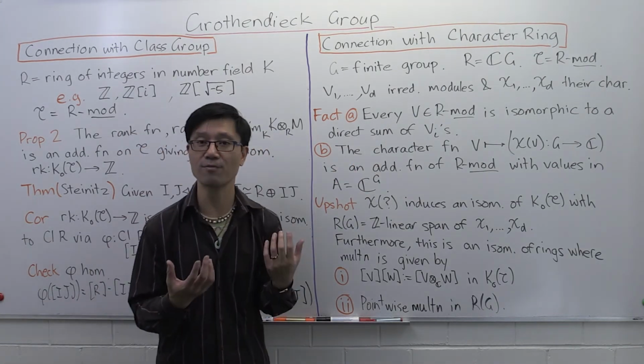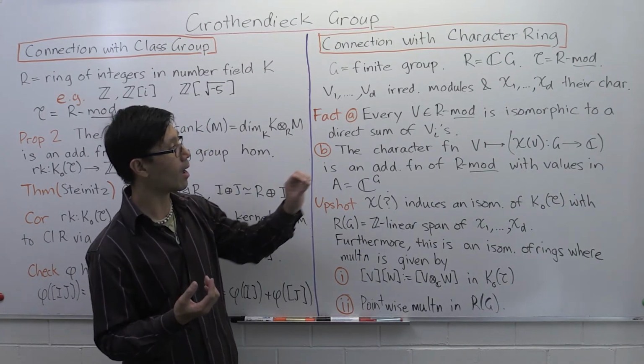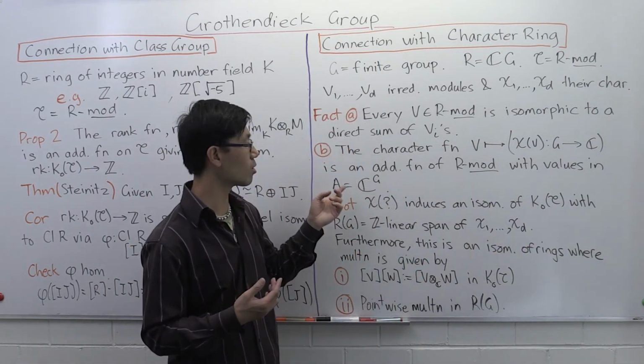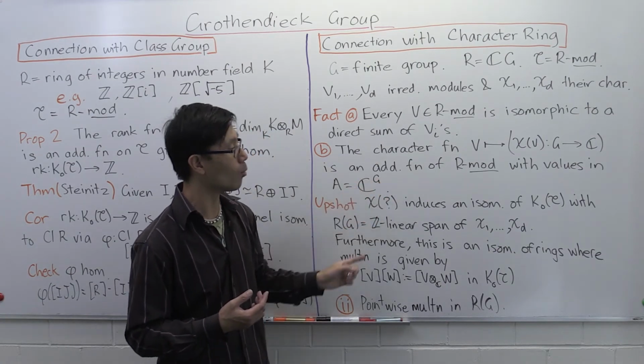So once you have an additive function, we can compare the Grothendieck group, K0 of C, with that abelian group C^G. And what's the image of that?